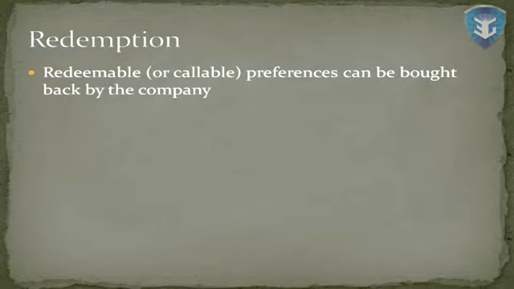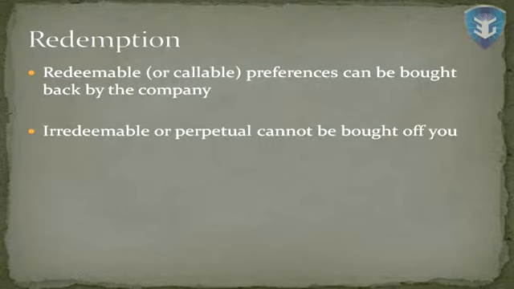That means at some point in 2014, on a date, they'll be able to buy all those shares off you. Irredeemable or perpetuals can't be bought off you. For example, Aviva has a load of perpetuals, so they can't be bought off you. So you buy those and you will always get that preference dividend as long as the company exists.